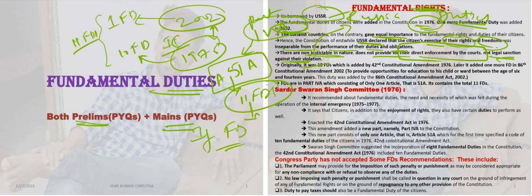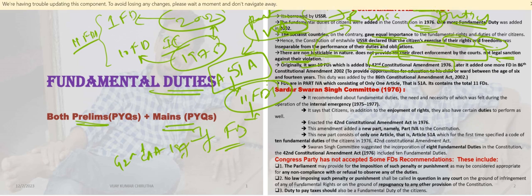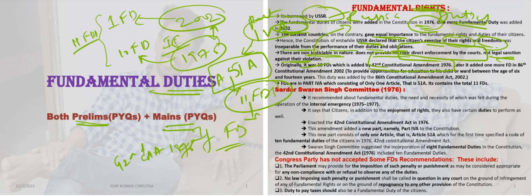Originally 10 fundamental duties, as we discussed, were added by the 42nd Constitutional Amendment Act 1976. Then one more fundamental duty was added by the 86th Constitutional Amendment Act 2002.